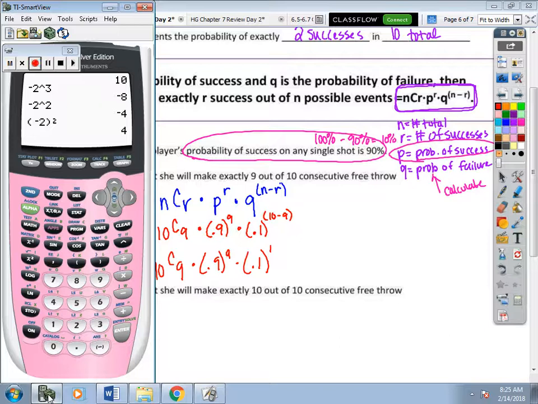And you can type it all in one row. You don't have to do multiple inputs. So 10, go to our combinations, 9, and then just put a times sign after it, and parentheses 0.9, caret 9, times parentheses 0.1, caret 1. You really don't have to raise to the first power.